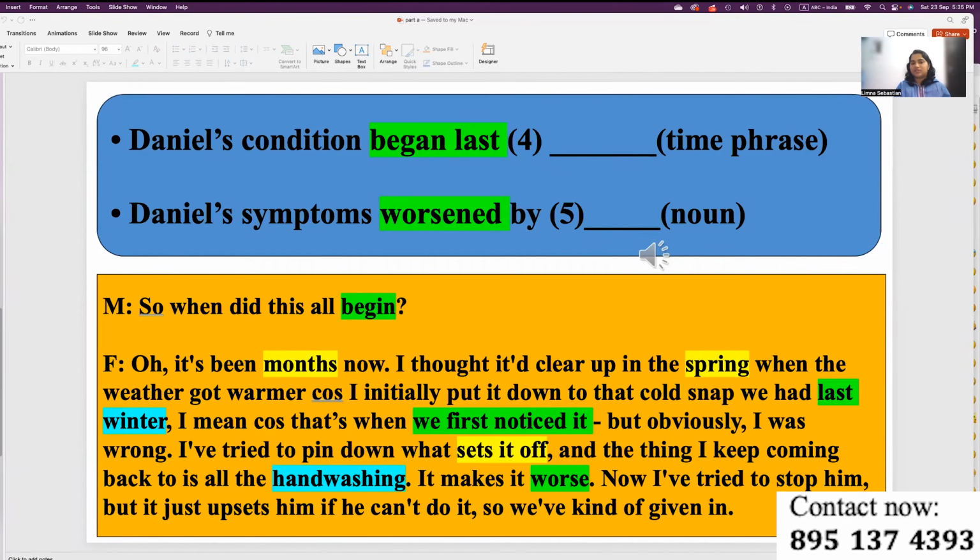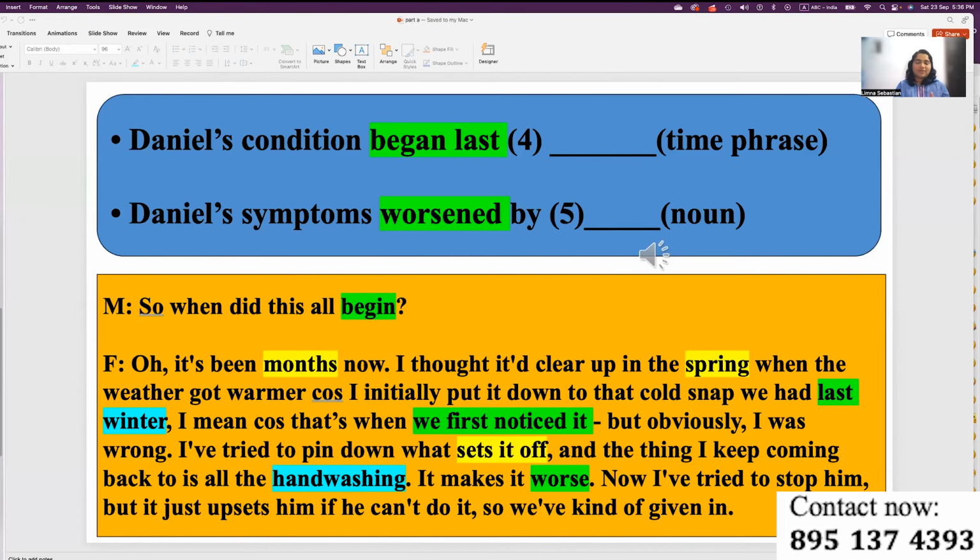This is our answer. Because that's when we first noticed it. Again, she is confirming when they started to notice, last winter. So the term last is in the question also. So our answer is winter. But obviously I was wrong.